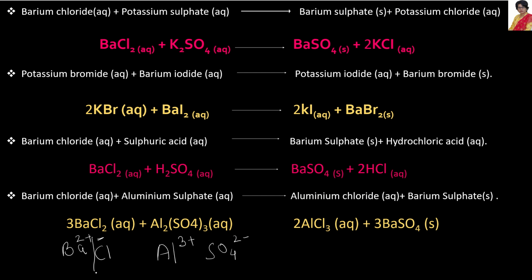So there will be a mutual exchange of ions between the reactants. We will get aluminium chloride, AlCl3, and barium sulfate as a solid, which is insoluble in the aqueous solution and will precipitate out. Since there is a mutual exchange of ions between the reactants, these types of reactions are known as double displacement reactions.